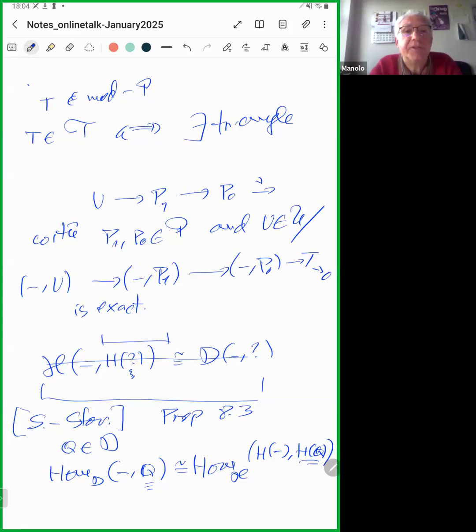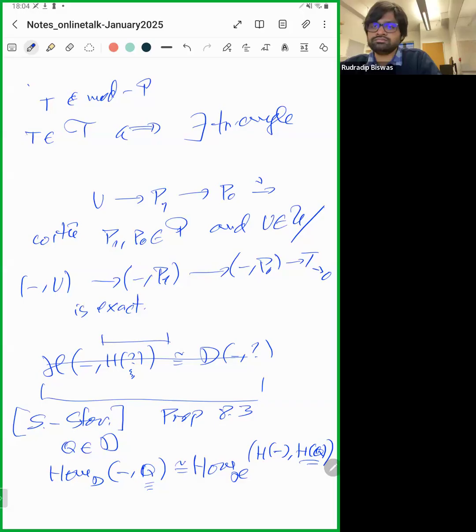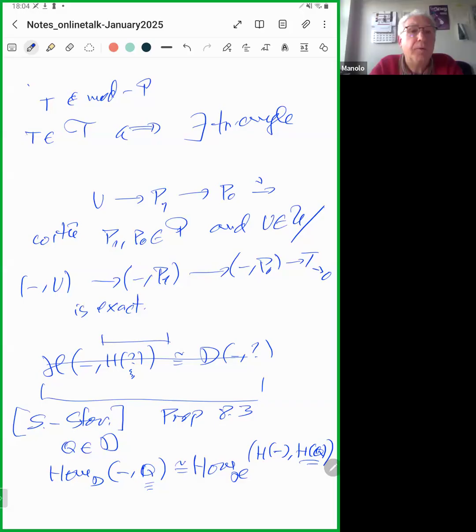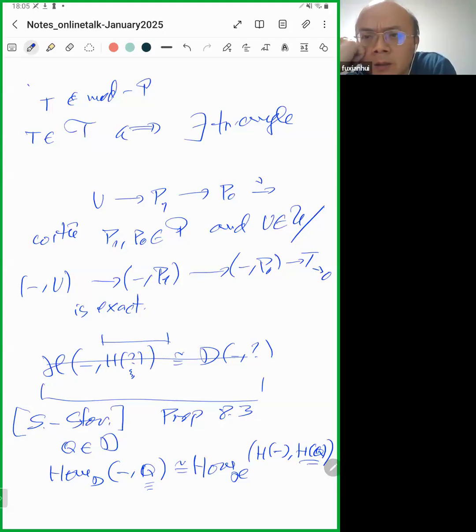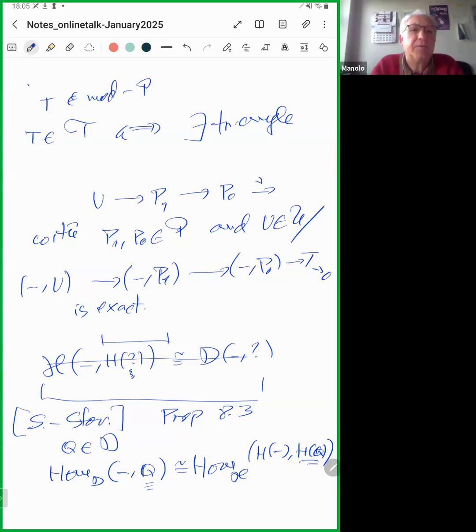The usual purity in triangulated categories is done in compactly generated triangulated categories. We do it here in the paper for what we call a standard well-generated triangulated category. That means a triangulated category that appears as the quotient of a compactly generated one by the localizing subcategory generated by a set of objects.